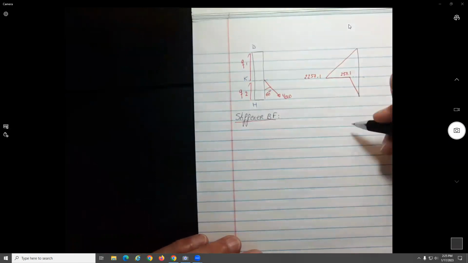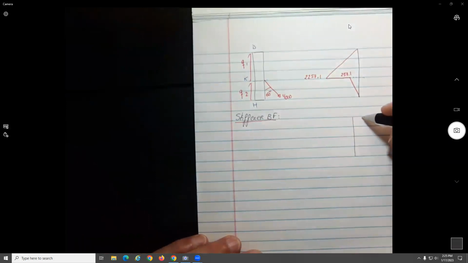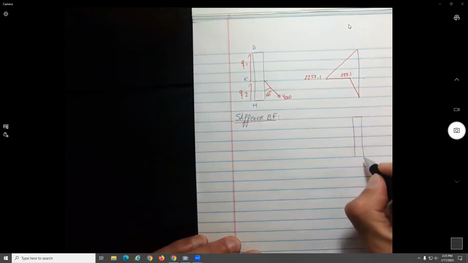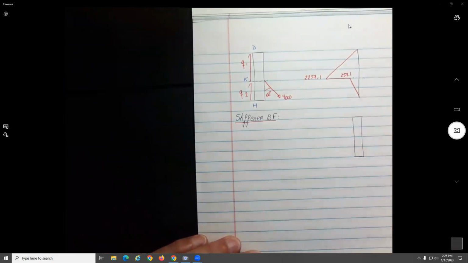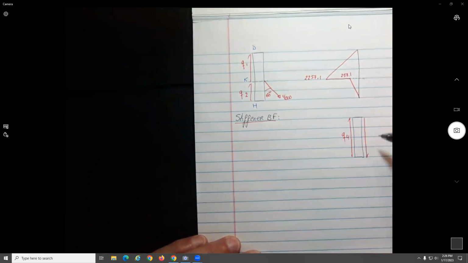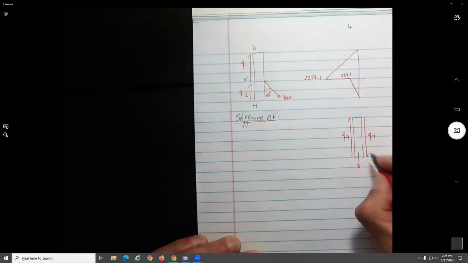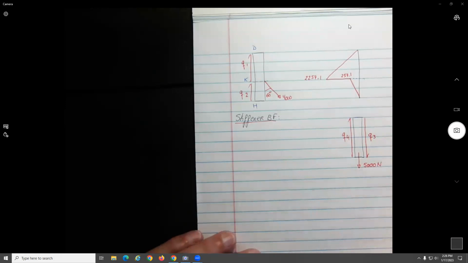All right, so here we go. I'll do the figure over here. On this side is Q4. This side is Q3. That side is 5,000. And we know the total height of this member is 300.